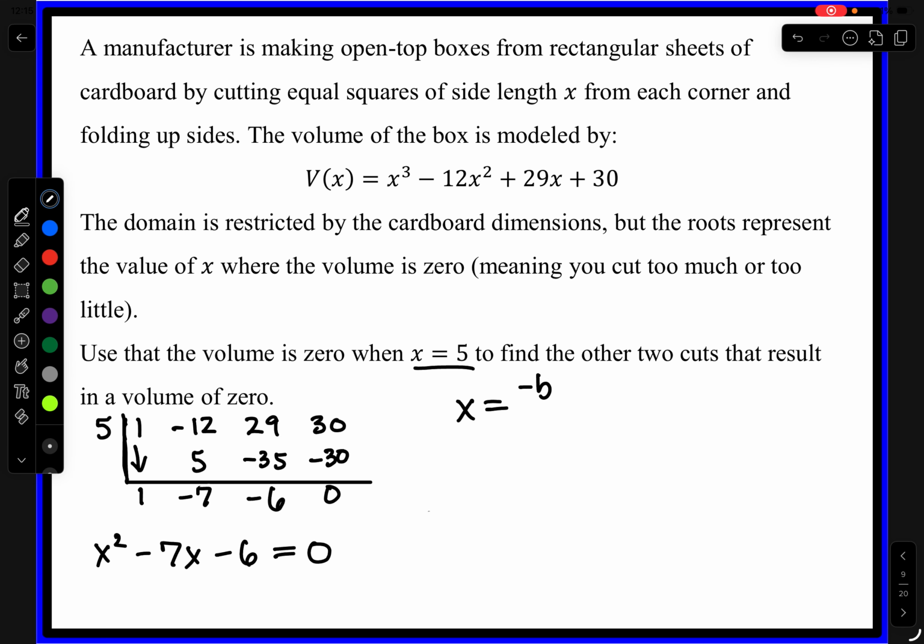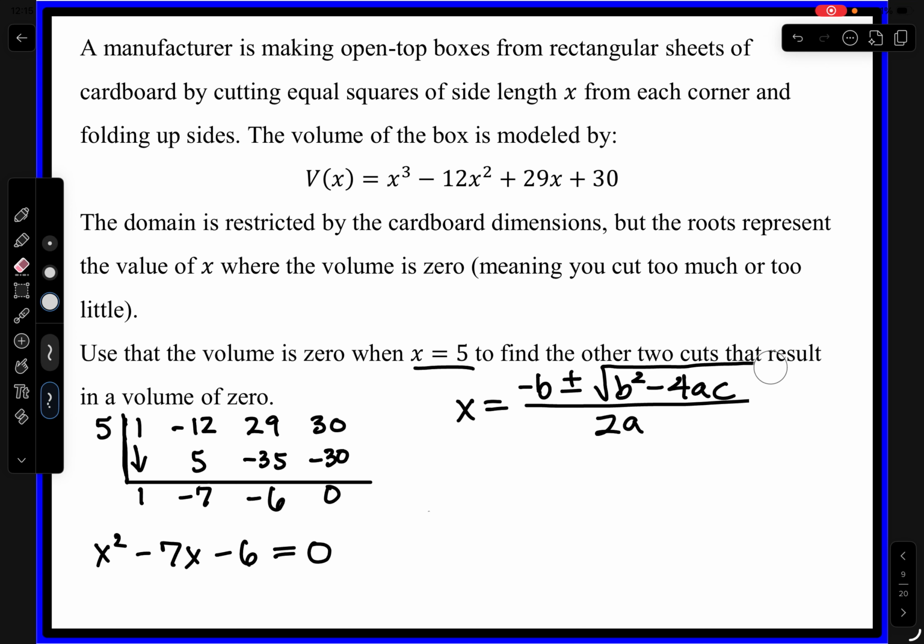x equals negative b plus or minus the square root of b squared minus 4ac, divided by 2a. Your example is going to be done the same way. You're not going to be able to factor the quadratic that we end up with, so you're going to end up with a similar situation.